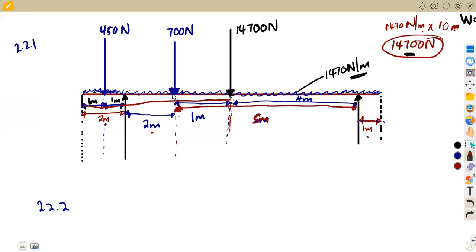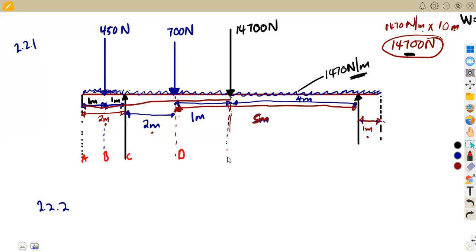On the naming part, it depends how you're going to name your diagram. So you can maybe start this as your A. This force will be your B, your C, the 700 to be your D. Yes, you can write E for this one, but remember this was not even part of our diagram. It was just given as a distributed load before.